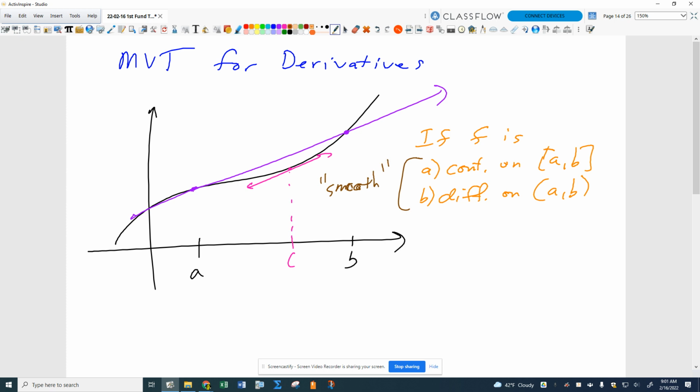And that really is a math word, smooth. Then there exists at least one c such that f prime of c equals, how would I say the slope of the secant line?